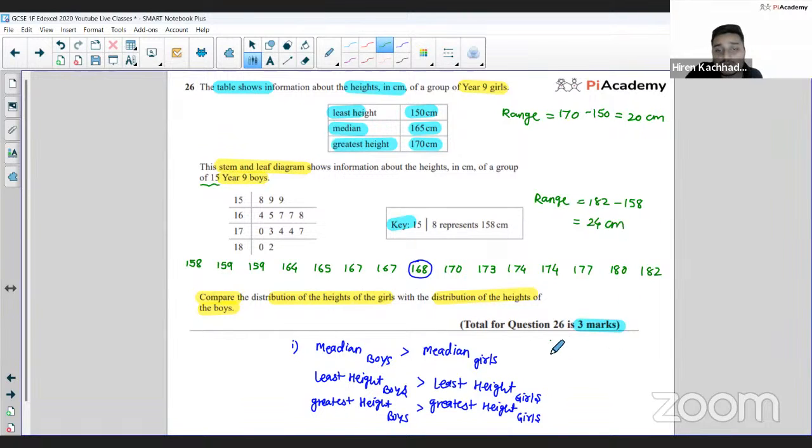So one more observation if I want to write: the range of boys is greater than the range of girls, right? So these are some observations.